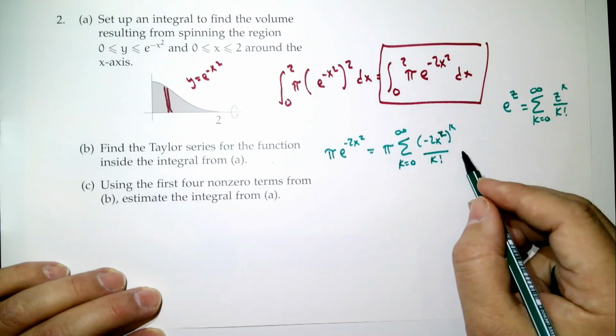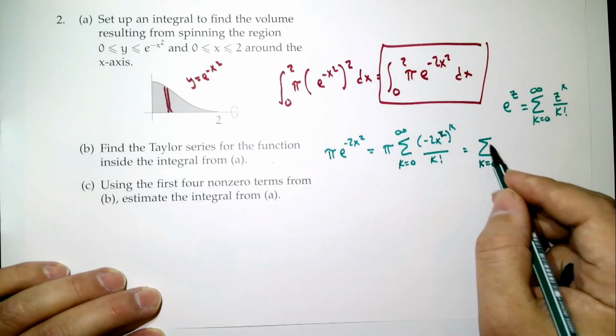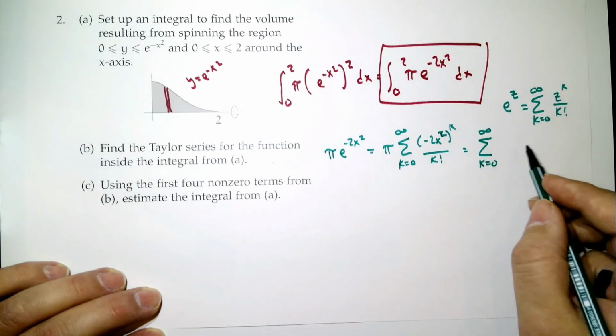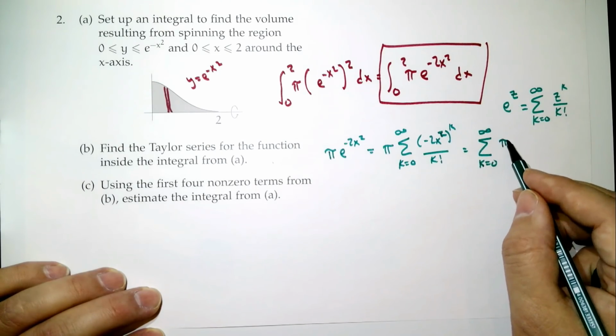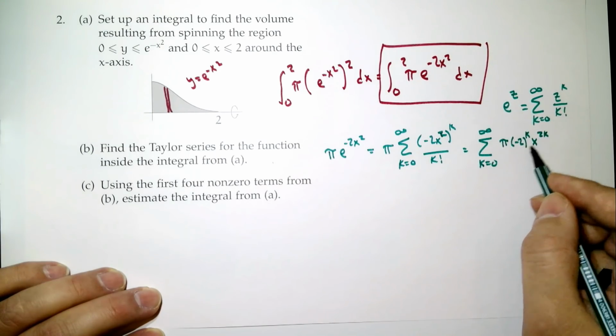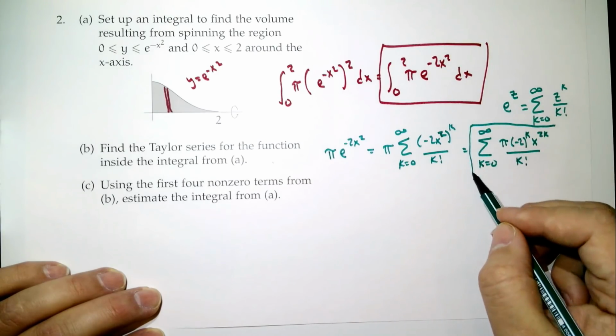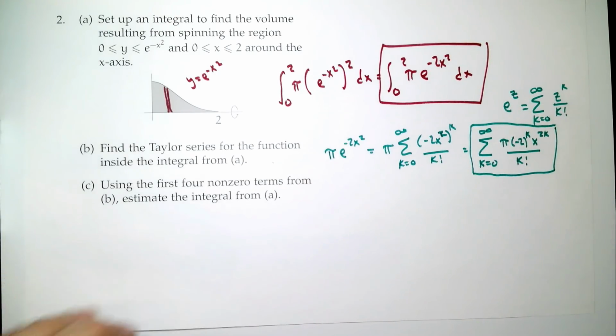Which we could go one step further and say, well, what does this really look like? Summation k equals 0 to infinity of, I can put the pi inside, minus 2 to the k, x to the 2k over k factorial. So that is the Taylor series for the function inside the integral from a.